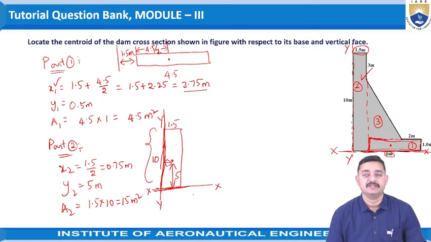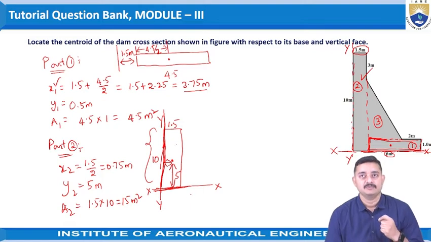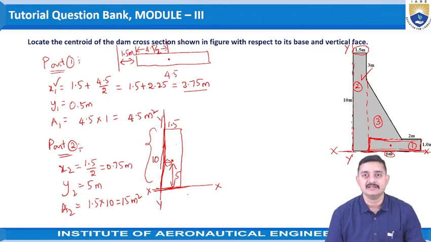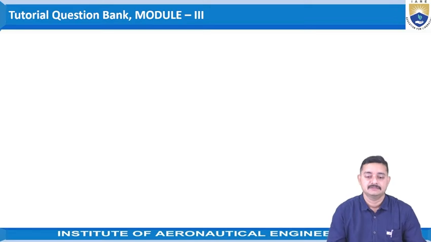In this way, we have identified x1, x2, y1, y2 and a1, a2 of the two parts, that is, the regular rectangles. Now let us go to the third part. Let us take the figure here.